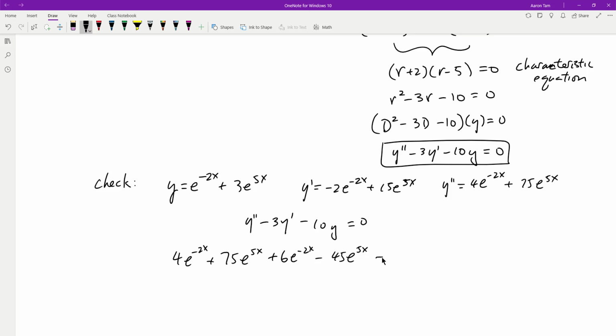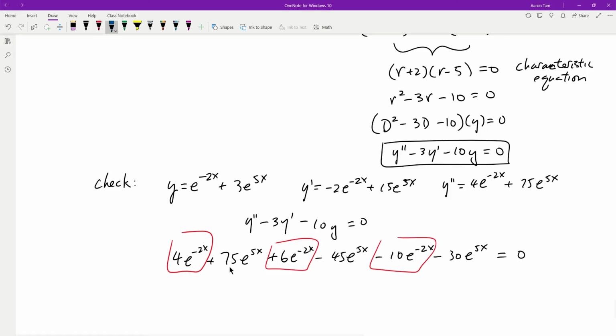Minus 10 times that will become minus 10e to the negative 2x minus 30e to the 5x. And notice that these do come out to be 0 when you count the terms. So here's my e to the negative 2x, e to the negative 2x, and then these are my e to the 5x.